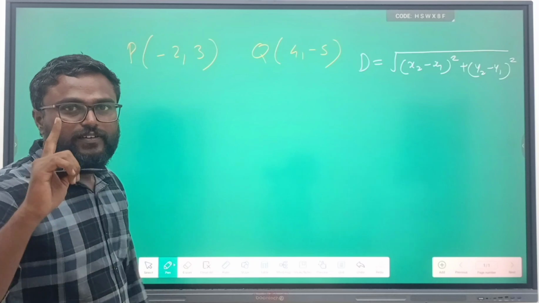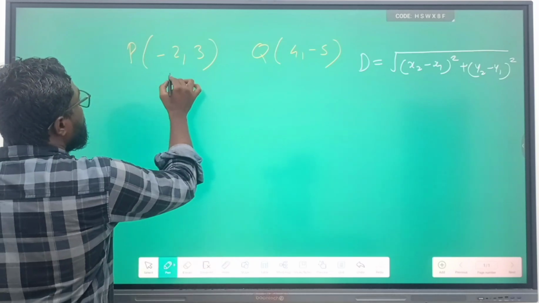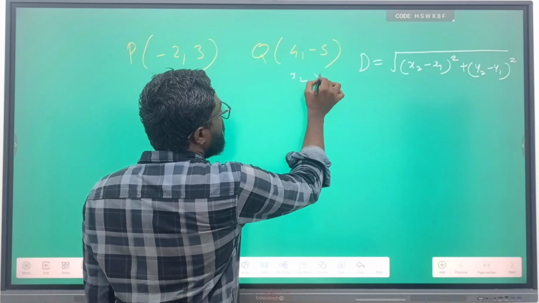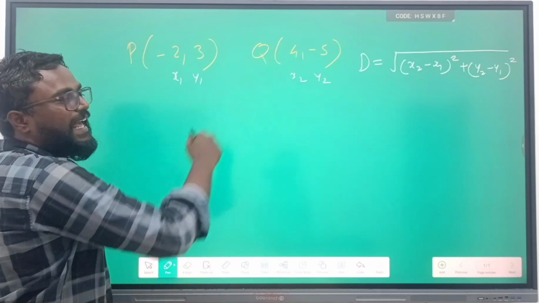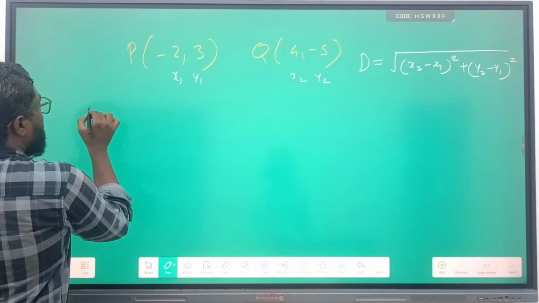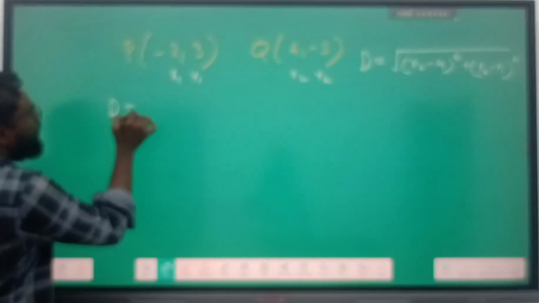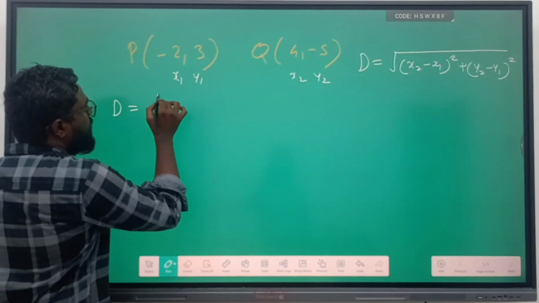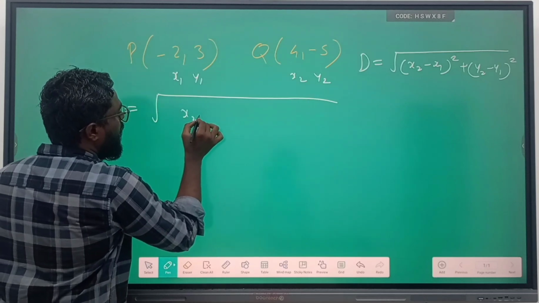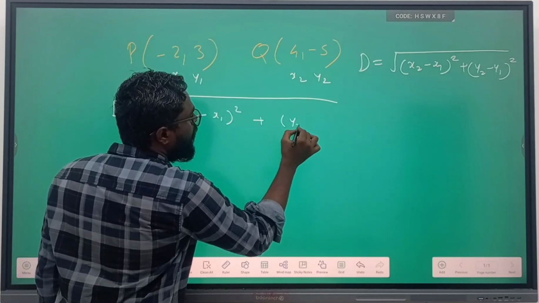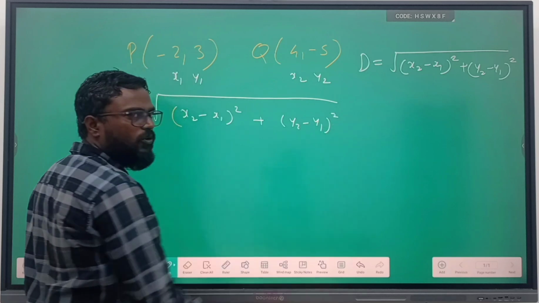Step number 1 is naming them as x1, y1, x2, y2. We already have the formula. I'll write it down again for your reference: distance is the square root of x2 minus x1 whole square plus y2 minus y1 whole square.